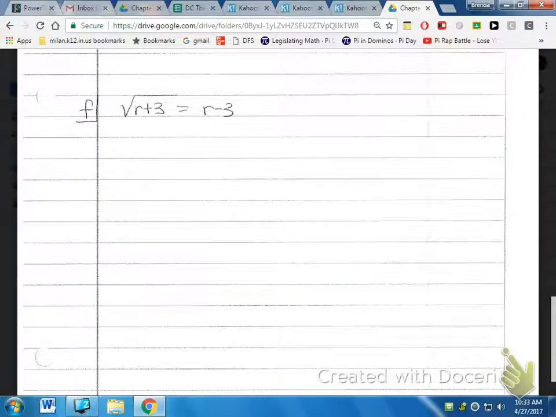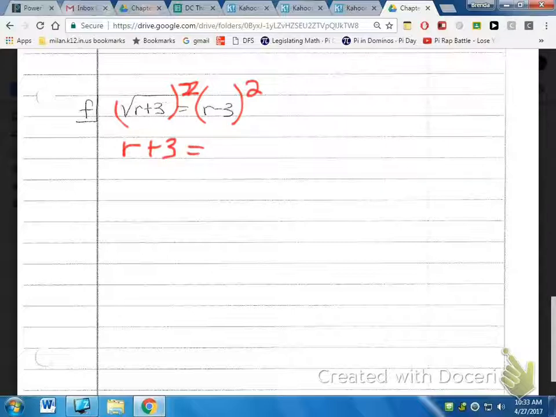All right, so we have radical r plus 3 equals r minus 3. So since the radical is by itself on the left, we're ready to square both sides. Okay, so when you square both sides, the left just becomes r plus 3.